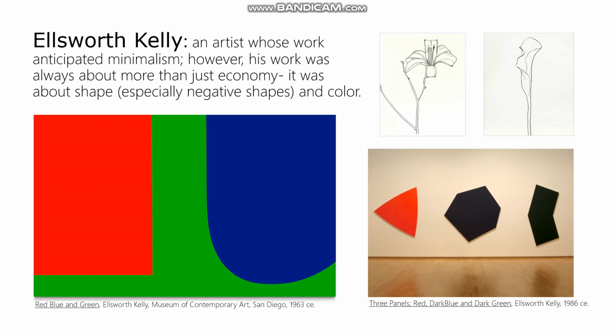Ellsworth Kelly was a painter, painting primarily in the 50s and 60s. A major component of his interest in his work was looking at shape, and especially negative space shapes. He spent a lot of his time drawing, and we've already seen one example of his drawings.